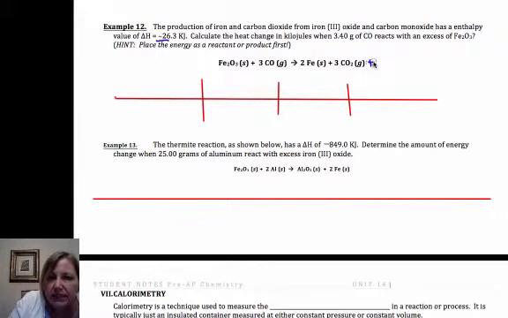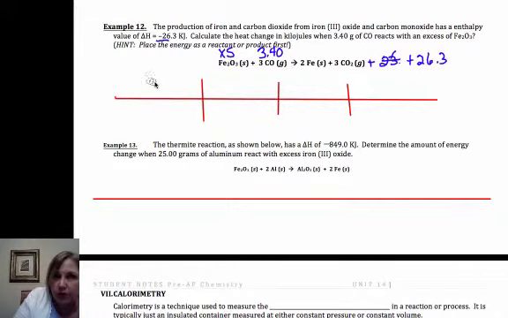That means the heat goes on the product side, plus 26.3 kilojoules as a product. I have excess of the other reactant, so it's not limiting this time. It could be a limiting reactant, and it's expected that you know how to do a limiting reactant problem now. To figure out the energy, you'd first figure out which was your limiting reactant and then do this dimensional analysis with the moles.